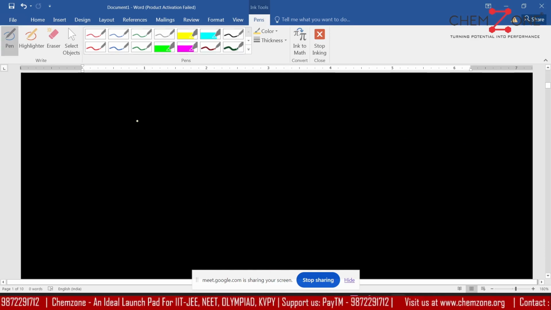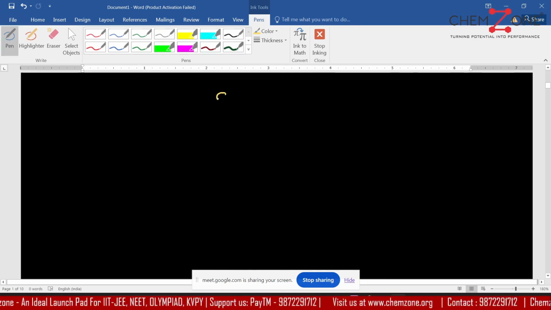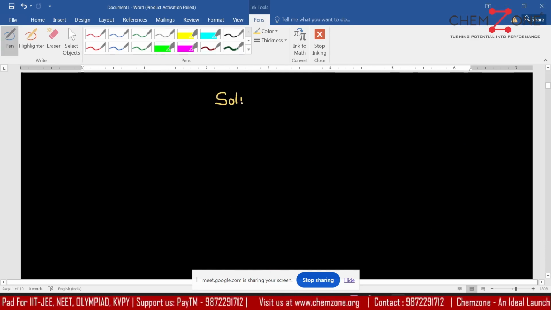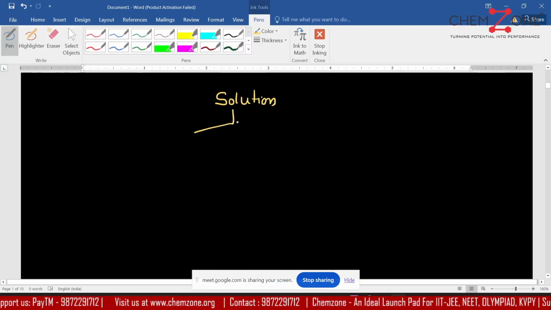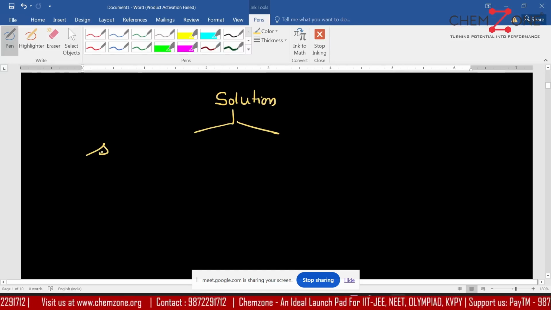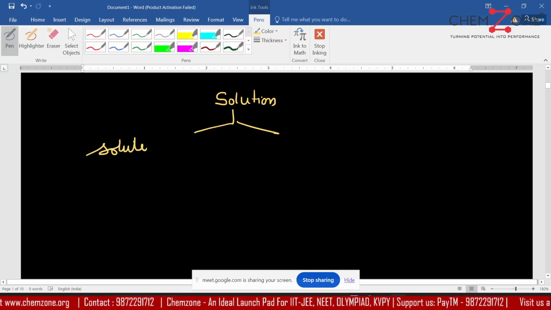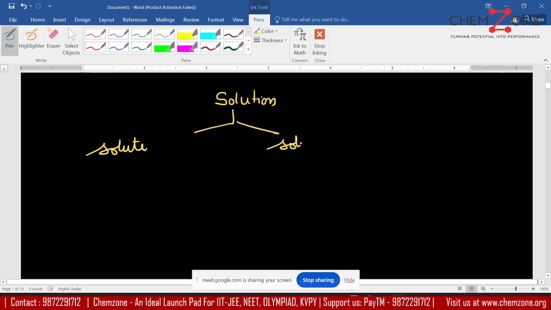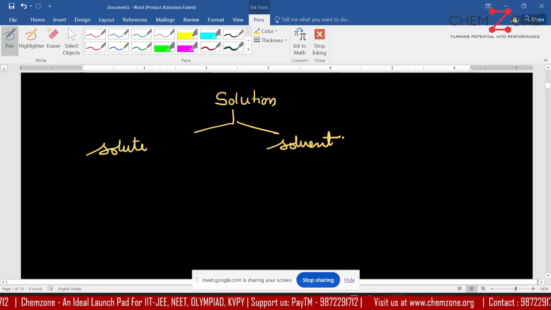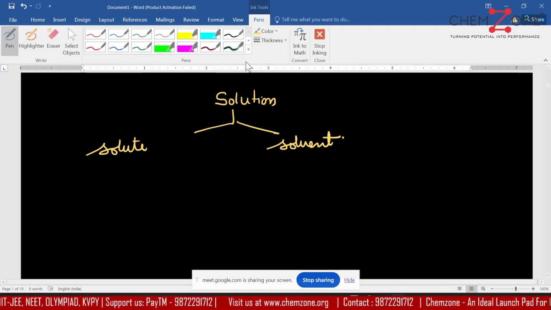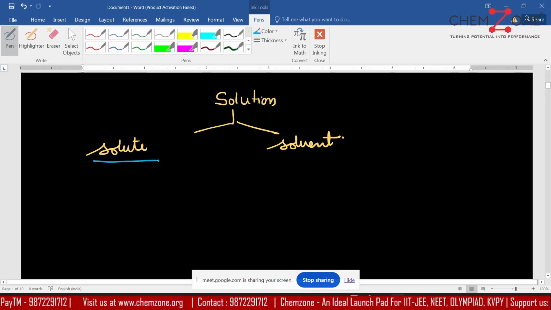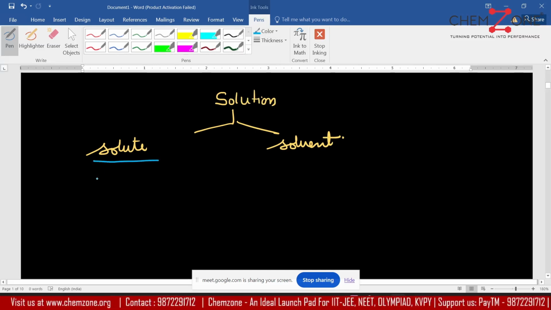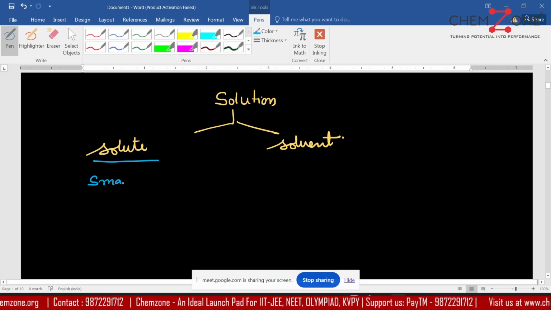Now this solution is made up of two components. One is called the solute, the second is called the solvent.